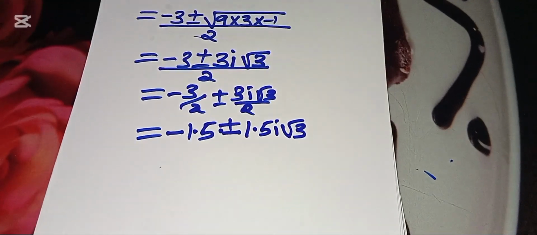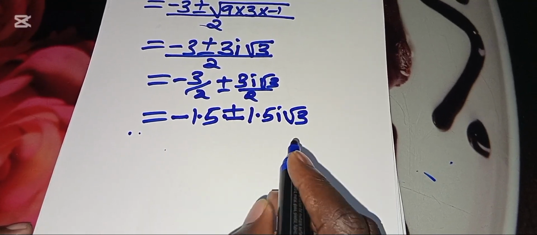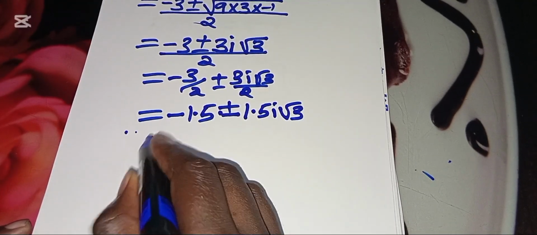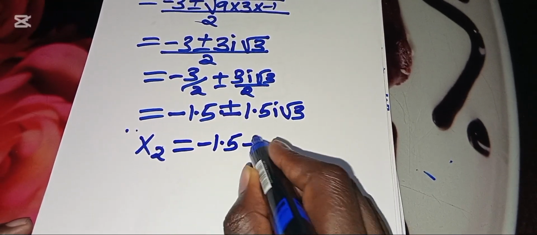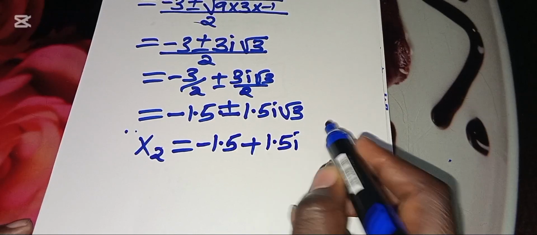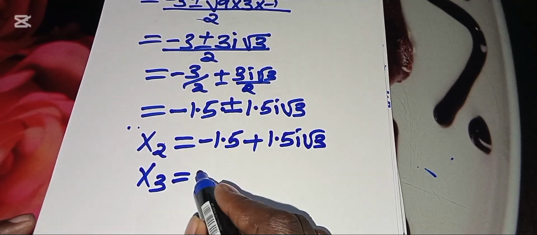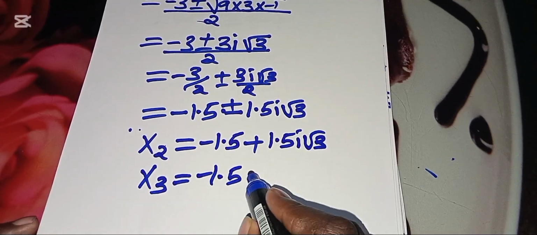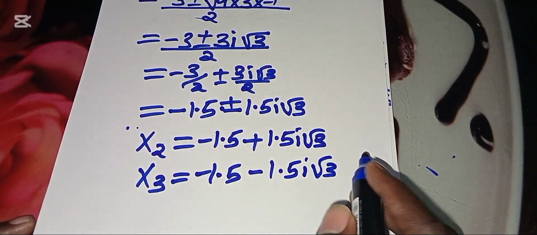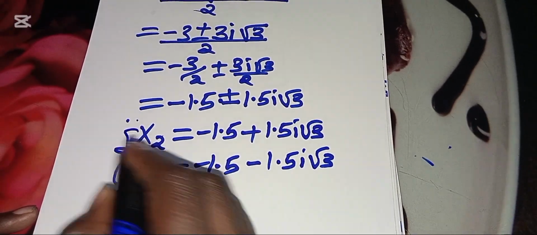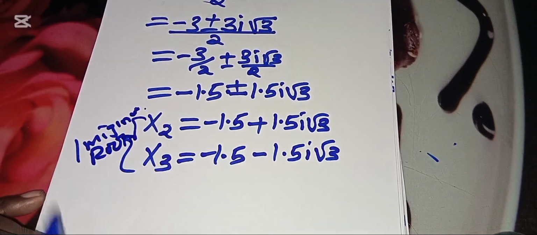So we have two more values: x2 is equal to negative 1.5 plus 1.5i square root of 3, and x3 is equal to negative 1.5 subtract 1.5i square root of 3. These are imaginary roots, or complex roots.